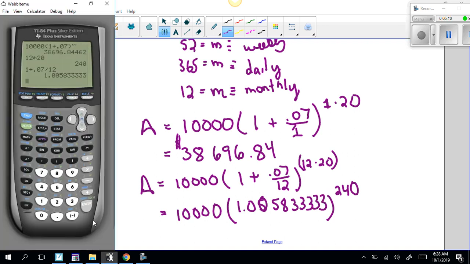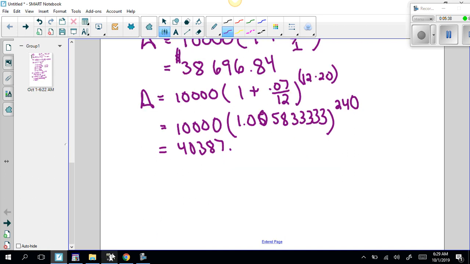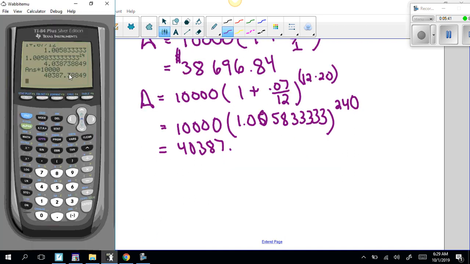Then I go 1.00583 raised to the 240. Then I go times 10,000. I get $40,387 point. Look at the third decimal. Got an 8, so 39.